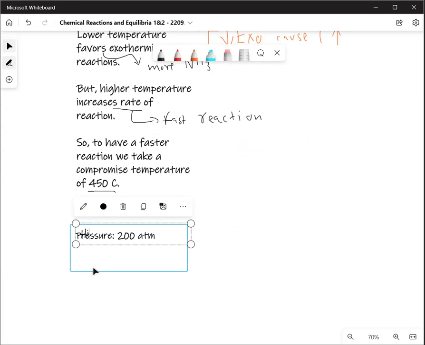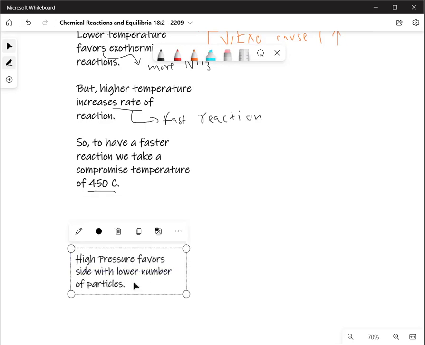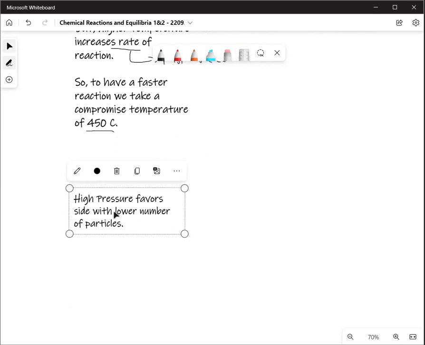High pressure favors the side with the lower number of particles. Favors the reaction side with the lower number of particles.